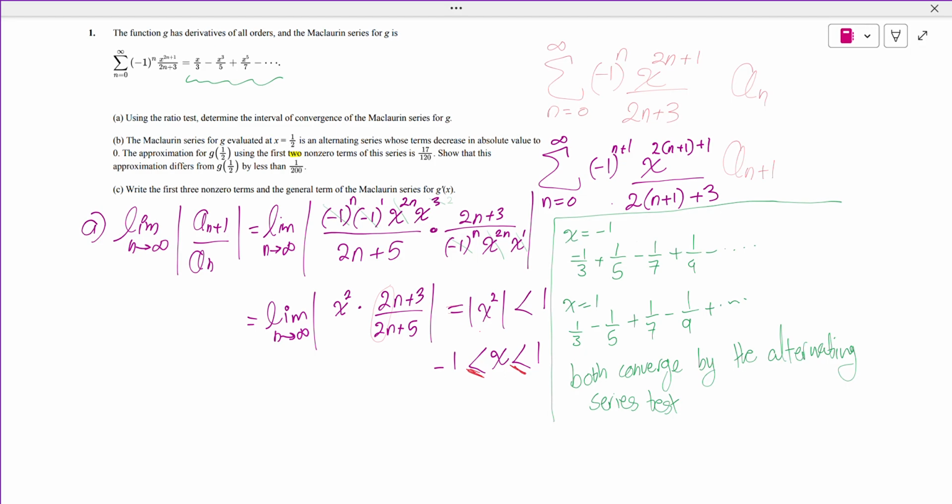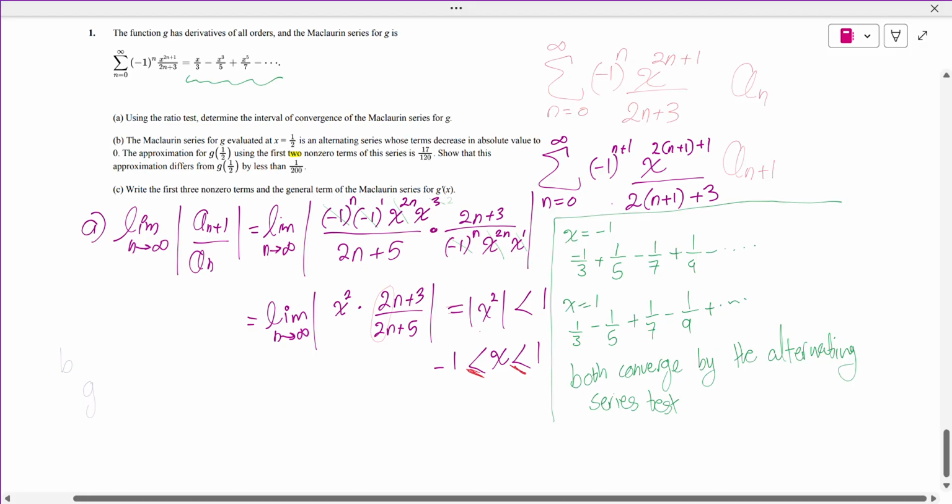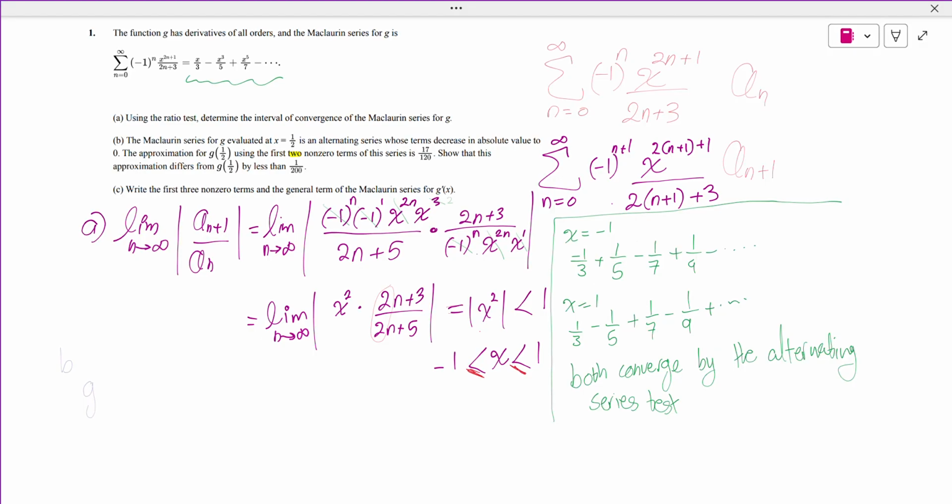So this is G of 1 over 2, the actual value of G of half.